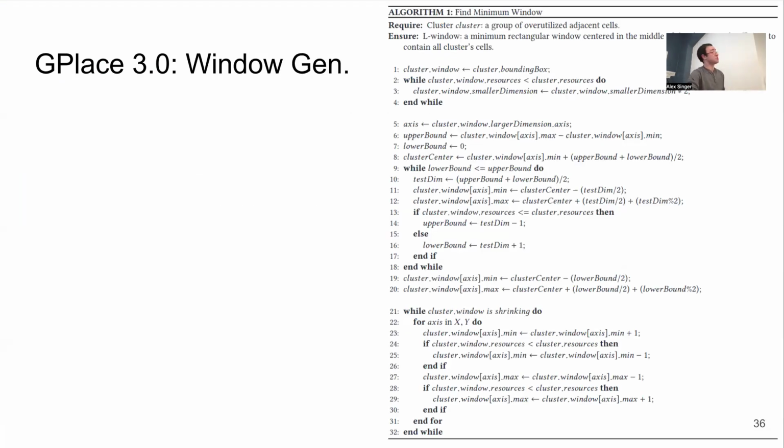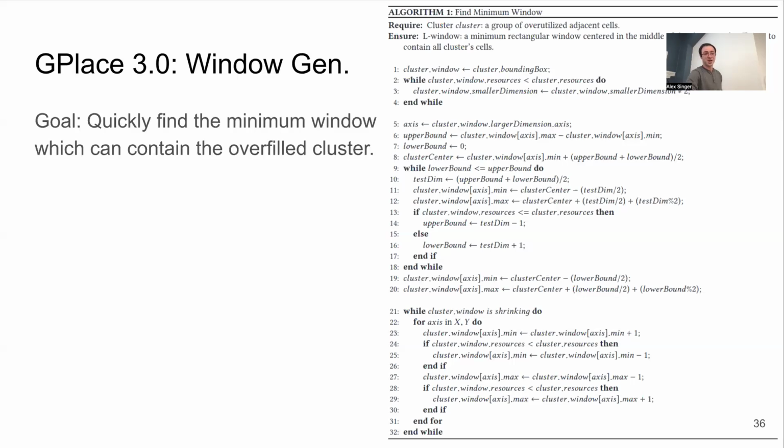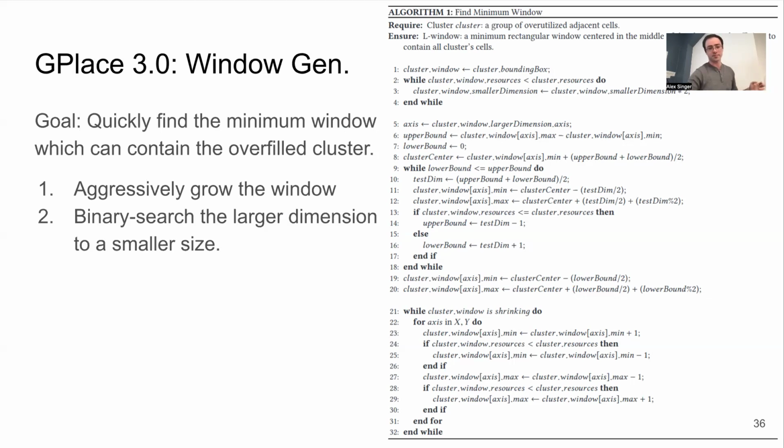And this is their window generation code. Again, I don't want you reading all of this. It's kind of crazy, actually. The goal is we want to quickly find the minimum window which can contain the overfilled cluster. They aggressively grow the window: they take the smallest dimension and multiply it by 2. Then they binary search the larger dimension to find the smallest size that it can be.